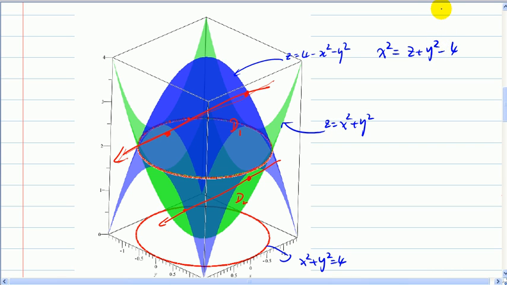So x equals positive or negative the square root of z plus y squared minus 4. Oh, I'm sorry, x squared is negative here. So what are we talking about here?